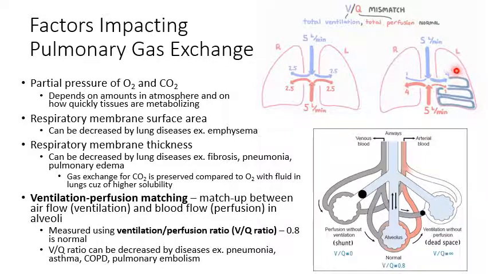On the other side of the lung, you're getting 4 liters of air versus only 1 liter of blood. And so you're going to get a lot of extra air, a lot of extra oxygen that couldn't be taken up by a red blood cell because there's not enough of them to do it. So all of that is going to be wasted oxygen that you're not getting into your blood. And that's why it's very important for ventilation and perfusion to match.